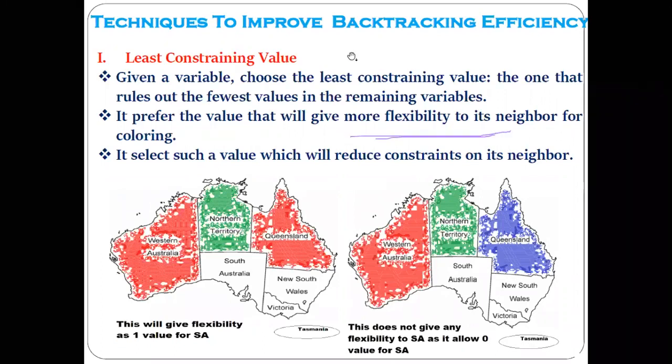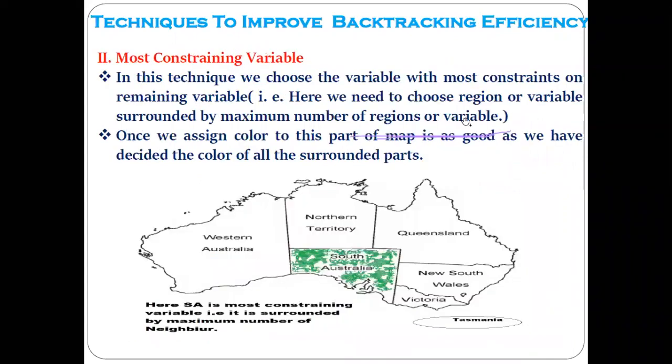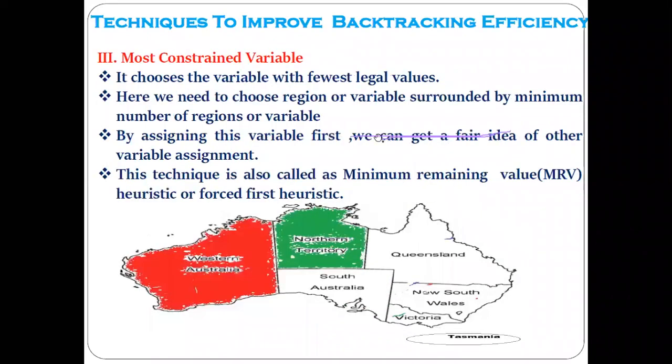Second, we are choosing the variable which is surrounded by the maximum number of neighbors or regions. In the third technique, we are selecting the regions which are surrounded by the minimum number of regions or variables. After that, we assign color to that particular region, and we check the fewest legal values for the neighbors, and accordingly we give the color.